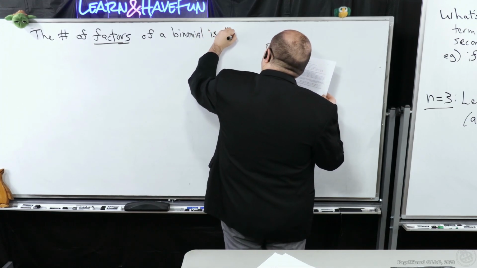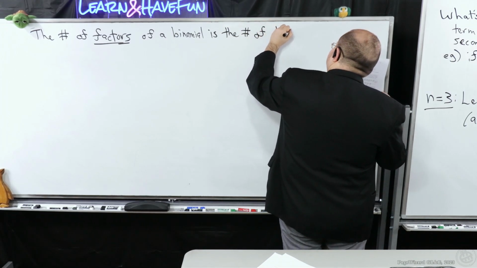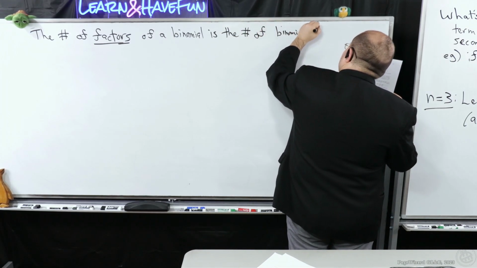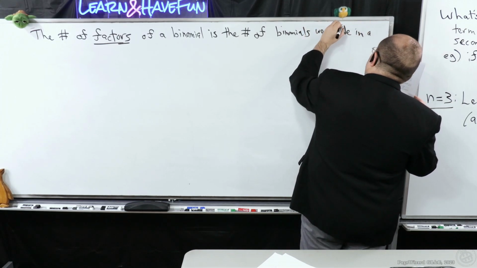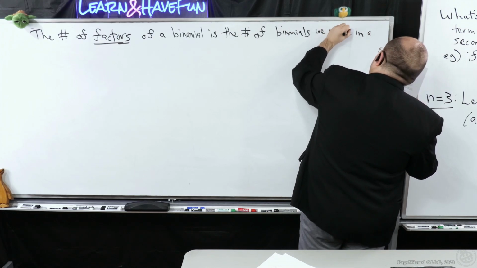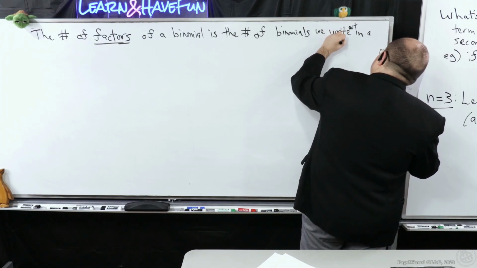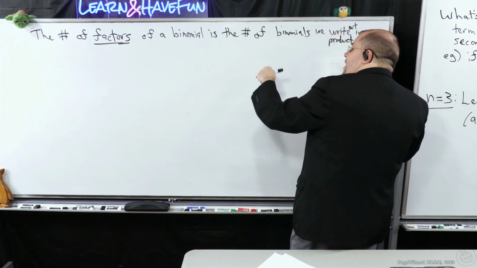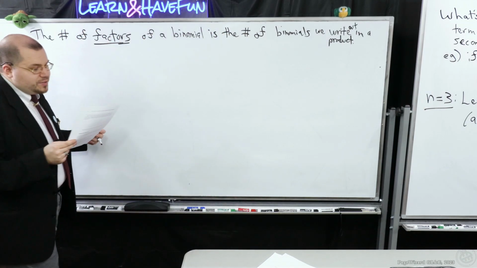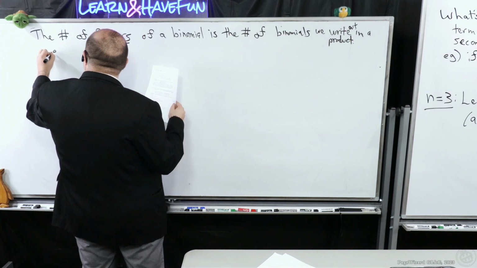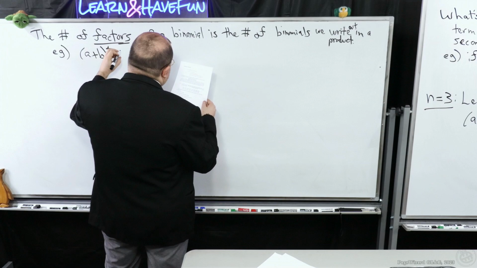The number of factors of a binomial is the number of binomials we write out in a product. So for example, a plus b to the power of 4 has 4 factors.